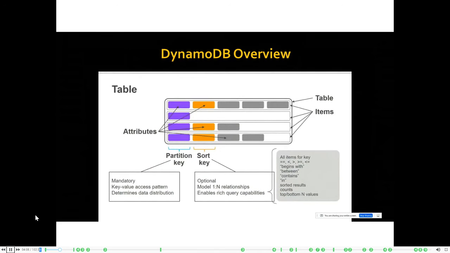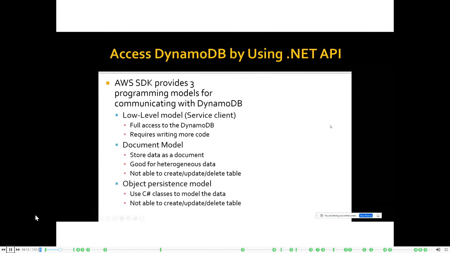After that, we talked about how the AWS SDK supports three different programming models for your C# application communicating with the data in DynamoDB. First one, the low-level model, we already talked about. Today, in the first half, we will go through the document model, and then the third one is the object persistence model.